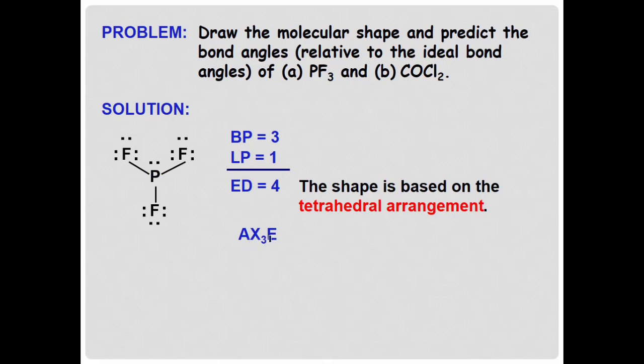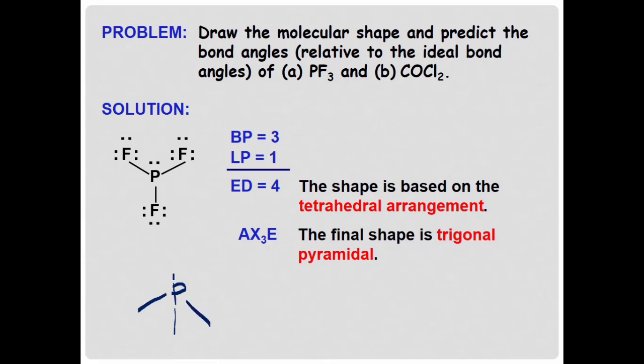AX3E is a derivative of the tetrahedral arrangement, and for AX3E the shape is trigonal pyramidal. This is the final shape, trigonal pyramidal. This is how we draw the shape: P, phosphorus, with 1 lone pair, and the F atoms like this.